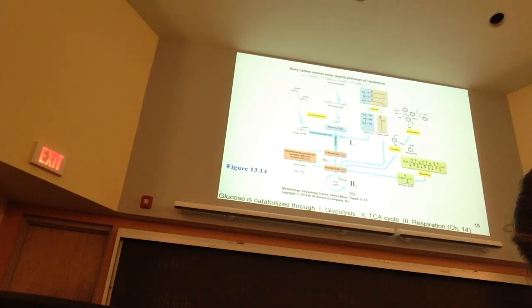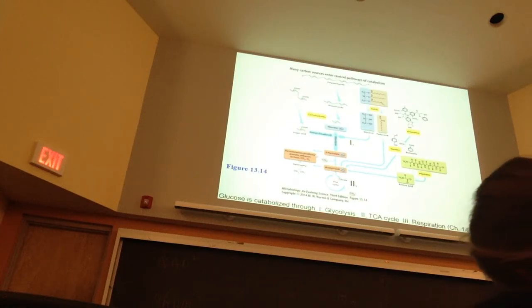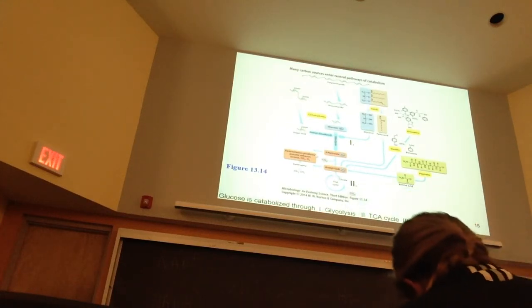So the sugars go directly into glycolysis, but lipids and glycerol enter it at different points. Fatty acids come in at the beginning of the TCA cycle. And so all of those different components that we just looked at in the last slide are funneled into the usual culprit pathways that are utilized.